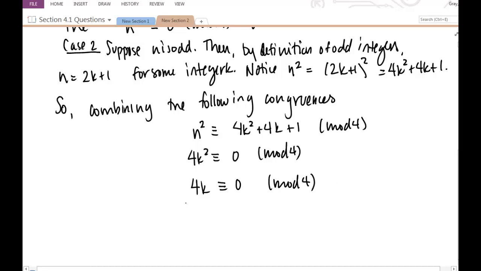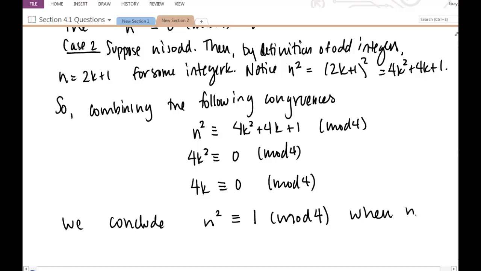Okay. We conclude n squared is congruent to 1 mod 4 when n is odd.